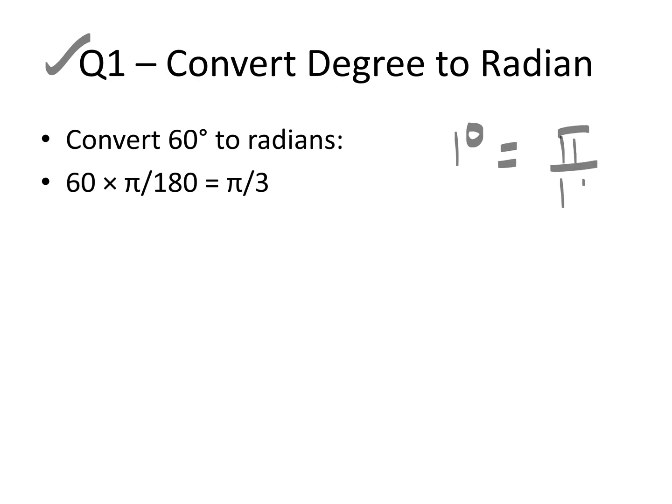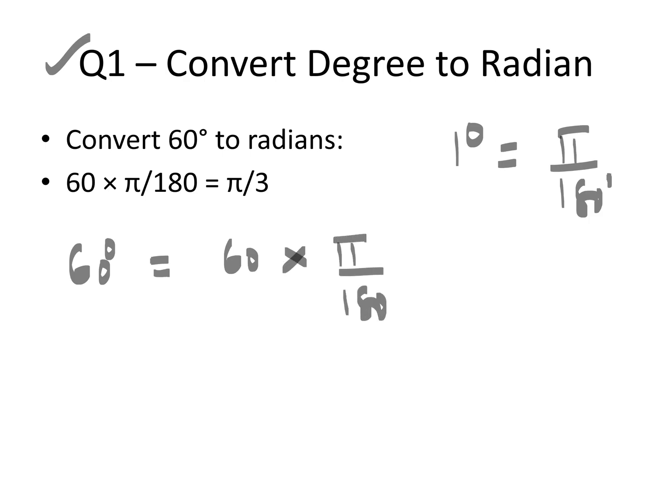I want to convert 60 degrees, so 60 into pi by 180. You can cancel 3 times here. The result is pi by 3 radians. 60 degrees will be equal to pi by 3 radians.